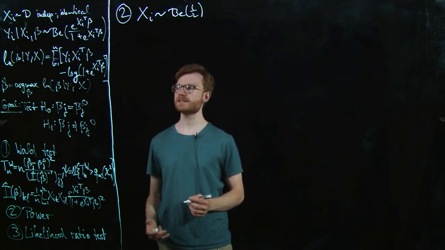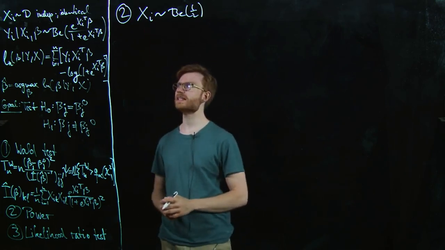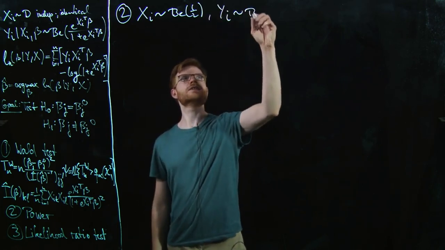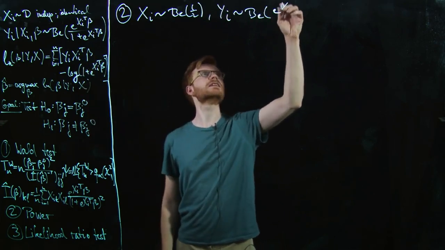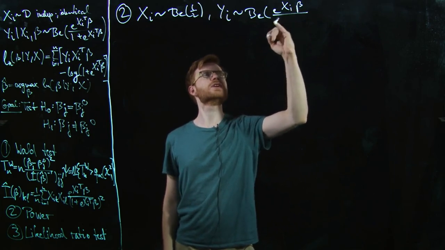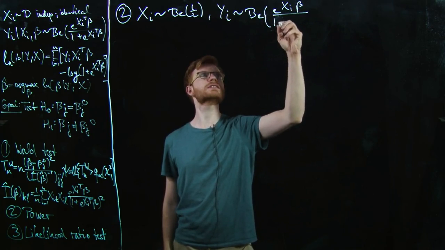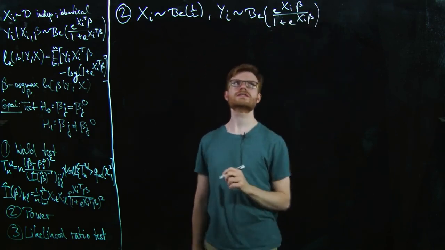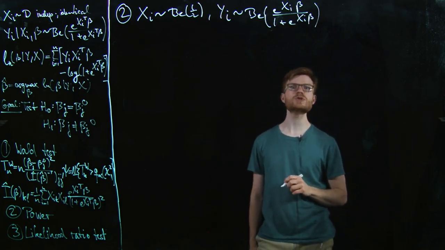So in particular, this means that the yi's I will observe are going to be Bernoullis with this probability. I'm allowed to not write transposes because I'm in 1D. So if xi is 0, then I'll get a Bernoulli 1/2.